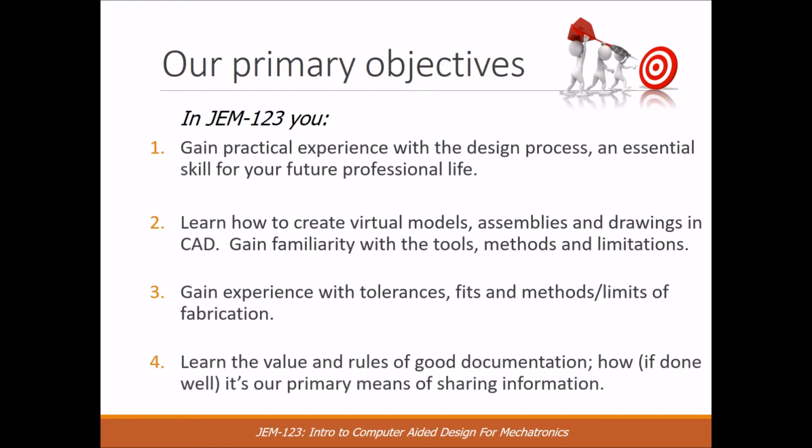You'll also learn about the value of good documentation and what are the rules of documentation. When we do a good document, it provides a means for sharing information with others that will avoid confusion and create clarity. This can be really important once you get out into the commercial world.